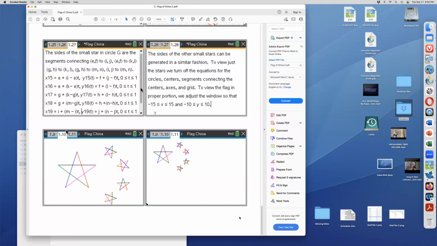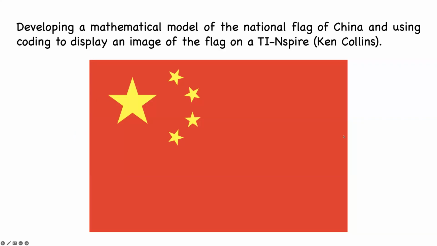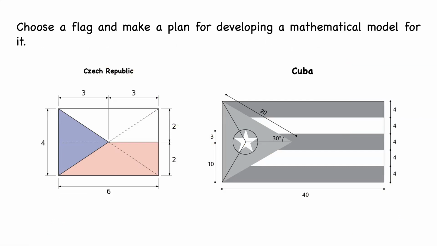Thank you. I'll come back to our PowerPoint here. So that's the flag of China. I think we have about 10 minutes here, so we weren't quite sure how this would go. I think it was really valuable for you to see us speak about developing the plan and what we did.